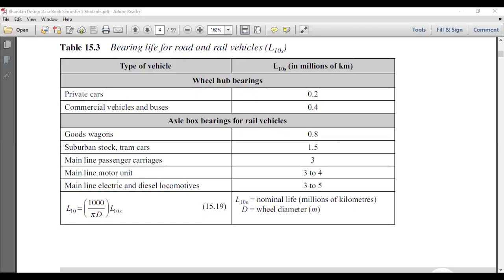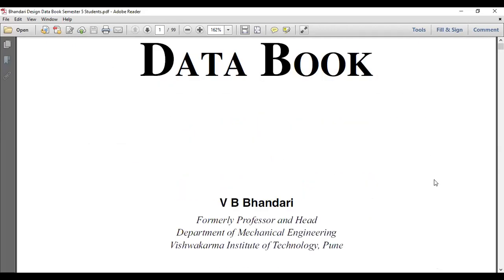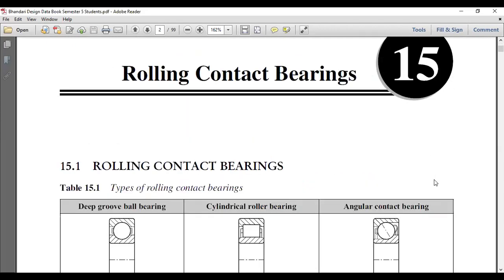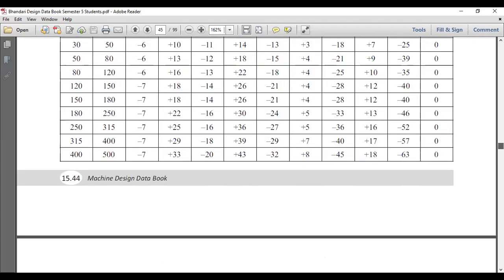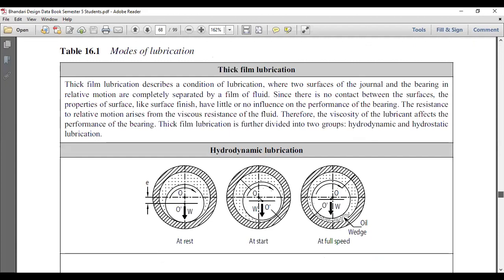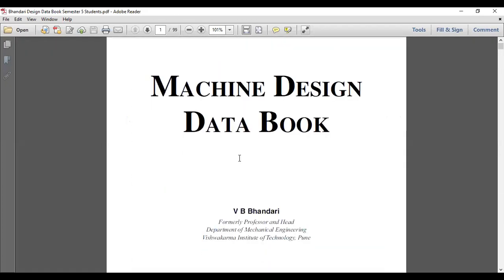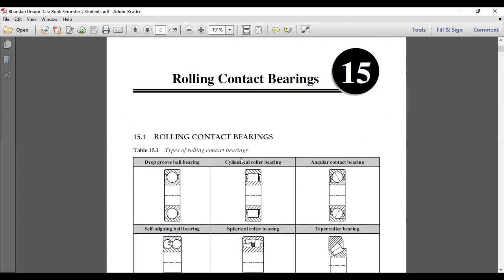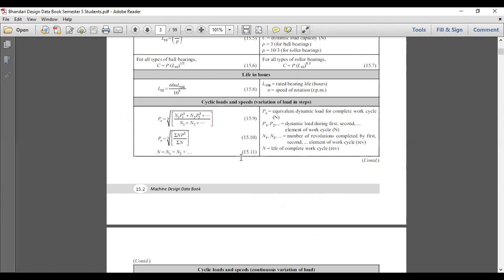By the way, those who have not seen the Google Classroom, I have already shared this in your Google Classroom. You have to get this xeroxed, because in your mid-semester exam and final exam, both these chapters of rolling contact bearings and sliding contact bearings, you have to carry it in your exam for solving the numericals, right?